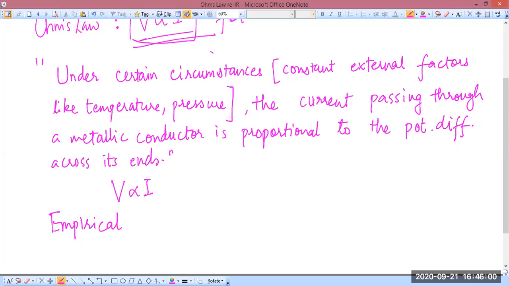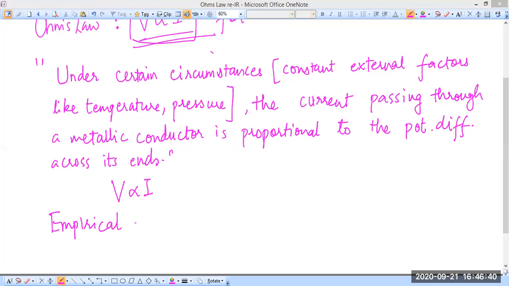Can you tell me that? What is the meaning of empirical?